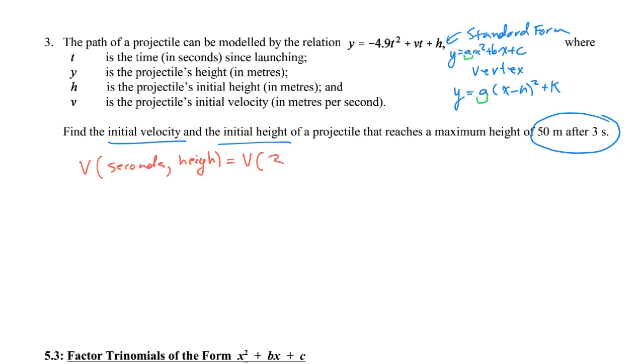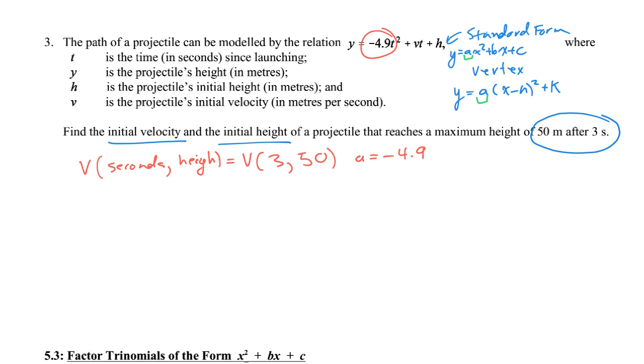Well, 3 and 50, based on what we had from before. And we also know that the a value is the same for both. So that means our a value is negative 4.9.